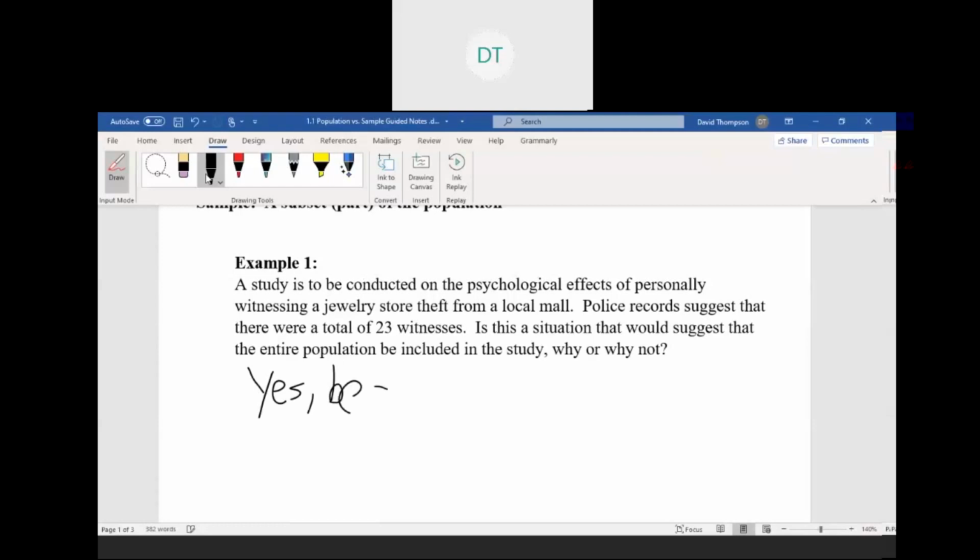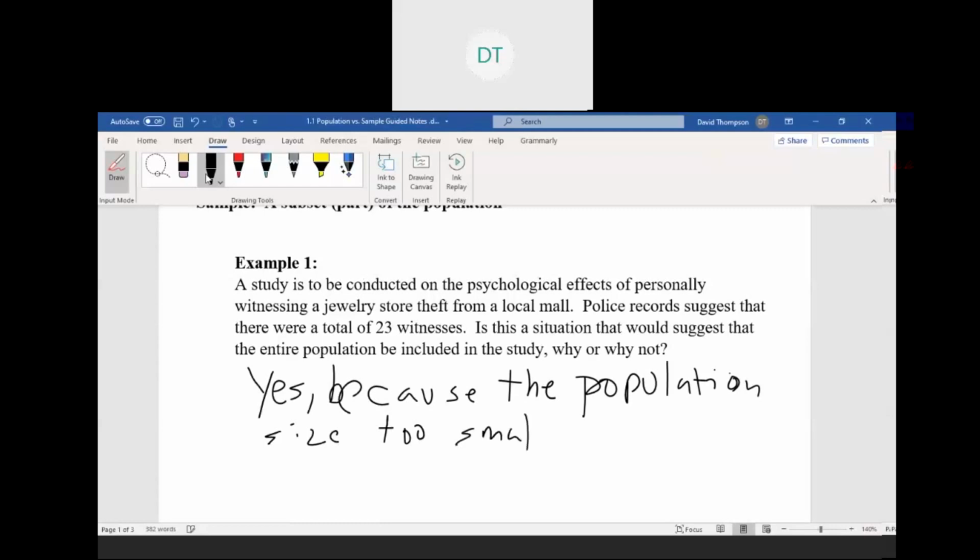So yes, this does warrant the entire population because the population size is too small to represent the various types of people that go to the mall.